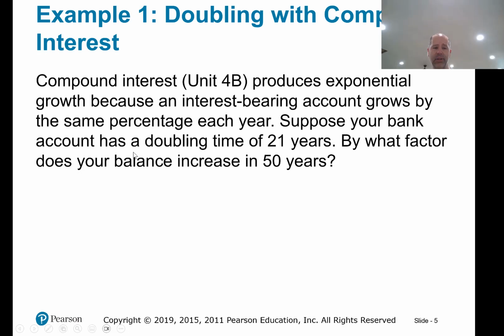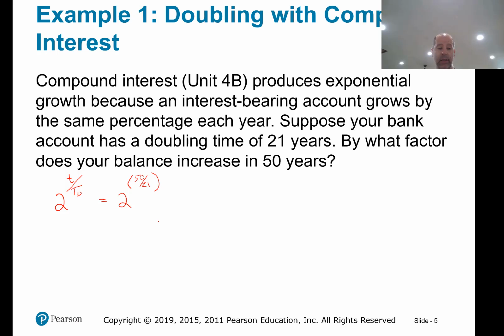By what factor does the balance increase in 50 years? Well, the factor is going to be 2 raised to the t over t sub d. So in this case, the factor is going to be 2 raised to 50 divided by 21.